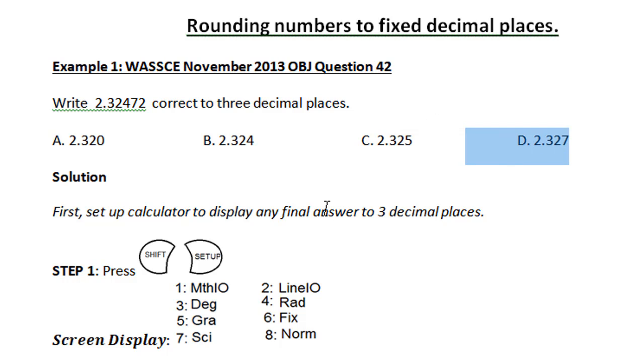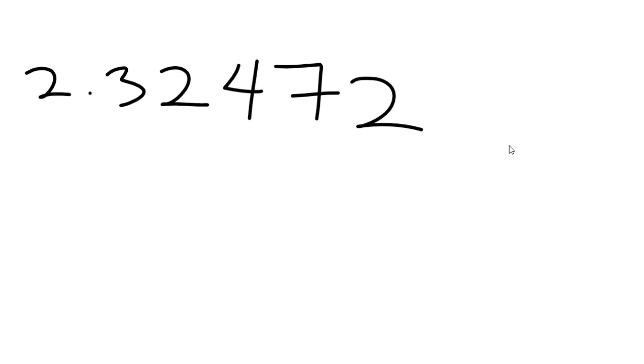First, I want us to go to the marker board and look at how you would have solved this manually. Then we'll come back to the calculator. The number is 2.32472.